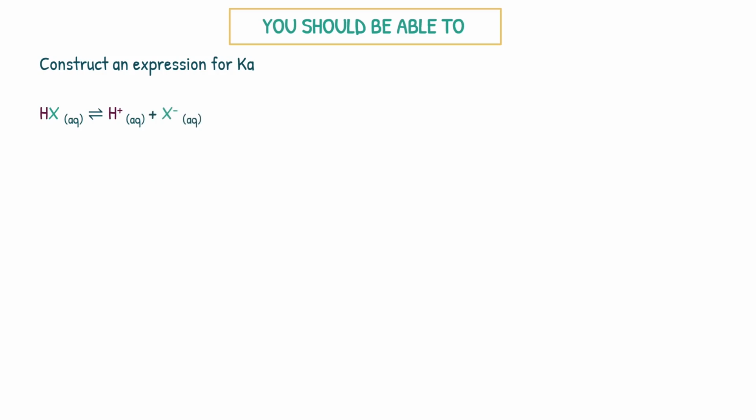Okay then, next up, you should be able to construct an expression for Ka. This is really easy. When you get the hang of it, it will make so much sense. So let's say we have our equation that we used previously, our HX dissociating into H plus and X minus ions. Now a better way to understand this would be to use our ethanoic acid example, just so that you can visualize where the ions are and what's happening.